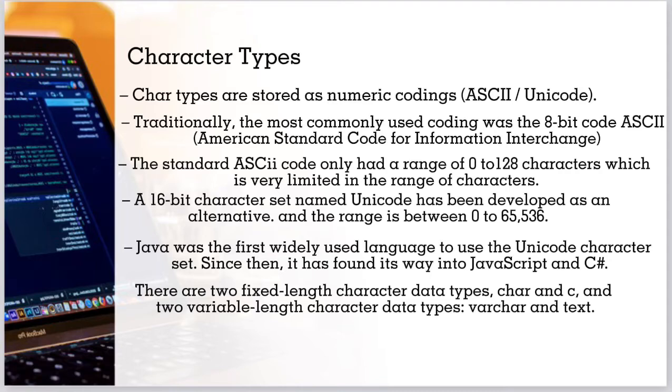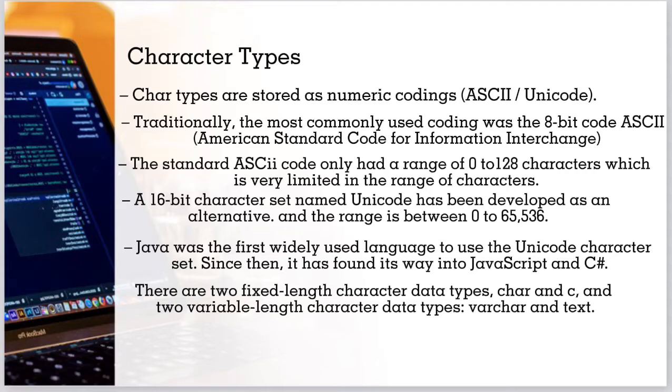Character types are stored as numeric codings, ASCII or Unicode. Traditionally, the most commonly used coding was the 8-bit code ASCII. ASCII stands for American Standard Code for Information Interchange.